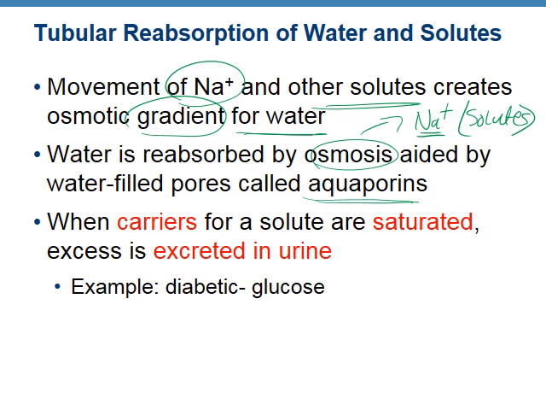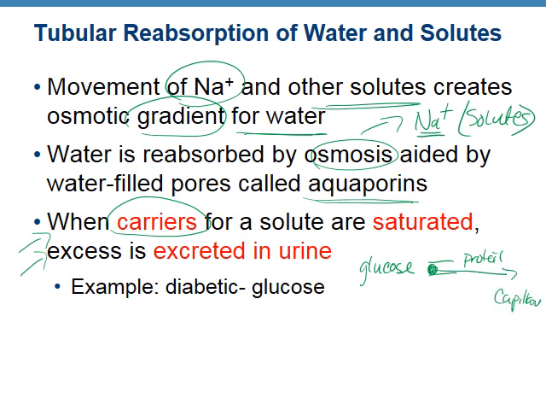Those can specifically allow water to be transported. But the real point of this slide is to talk about these carriers. If you had a glucose carrier, let's say a protein that's going to allow glucose to bind and move through the cell and be put back into the capillary, and that carrier, that protein, is full or saturated, the excess is going to go to urine.